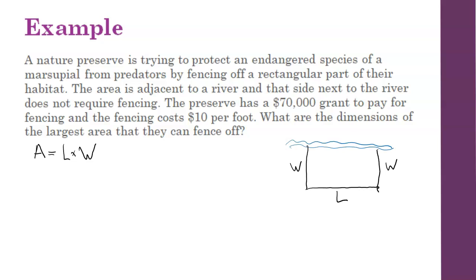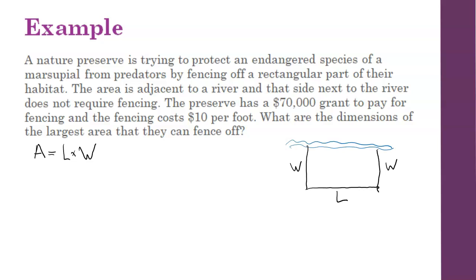right? So the next question I ask myself in this case is, well, what stops me from making this area as large as it can be, right? To ask me to find the largest area. Well, my limitation in this case is based on the cost of the fencing that I need to buy for this area, right?